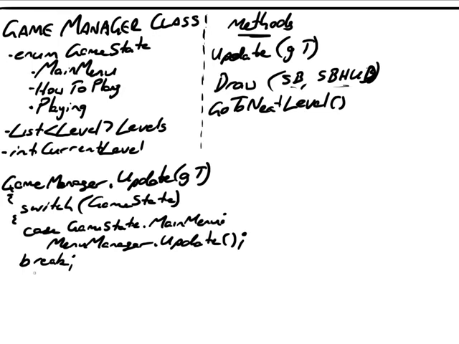Next, we've got case, I'm just going to write game state for that. Now play. Now if you're on that, I don't think it really does anything. I'm just going to double check that off screen here. Oh yes, of course it does something. It awaits input.